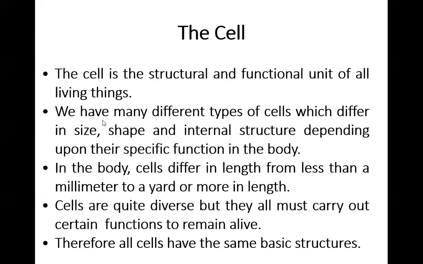So we have lots of cells in our body. We have billions of cells. We have many specialized types of cells. We went through epithelial cells, muscle cells, nerve cells, and all the connective tissue cells. Some cells can be very, very tiny, and some can be extraordinarily long.